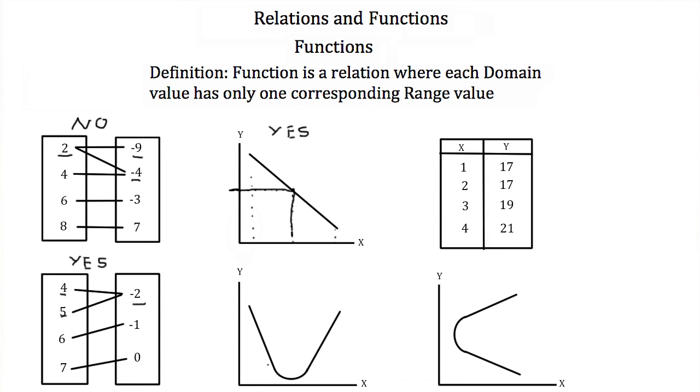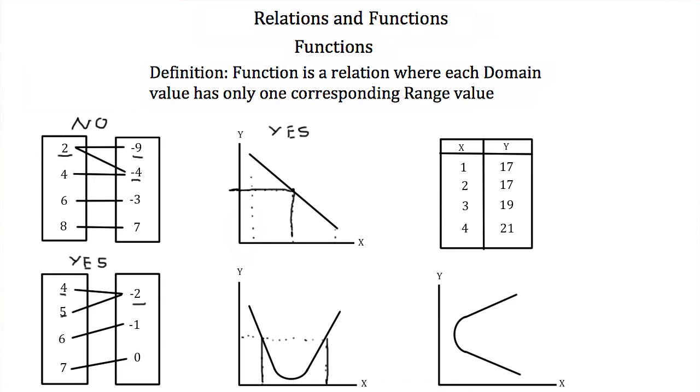Let's look at the next one, the one that looks like a U. If I come up from the x-axis and intersect the graph and come back over to the y-axis, does any x value that I can come up with have more than one y value? And the answer is no. There are several x values that have the same y value.